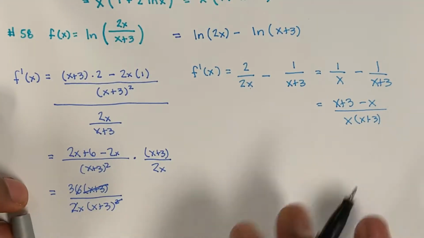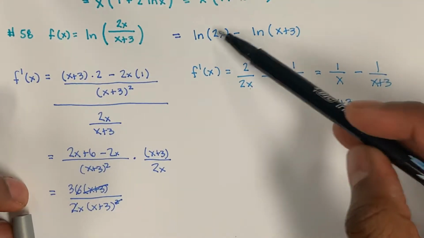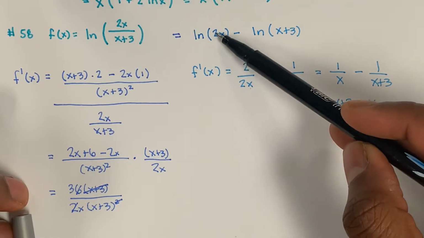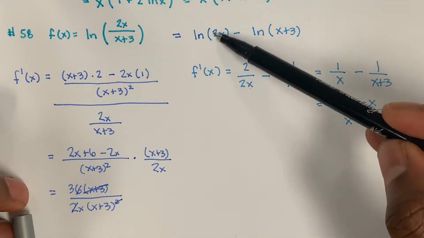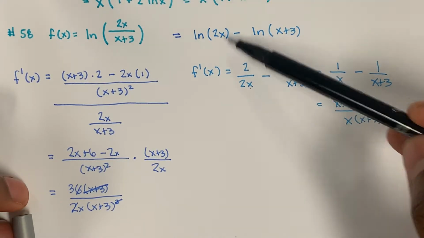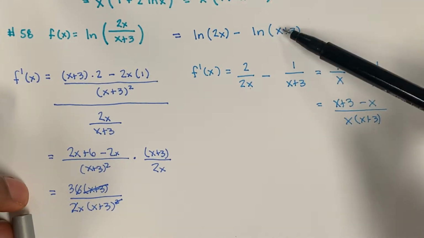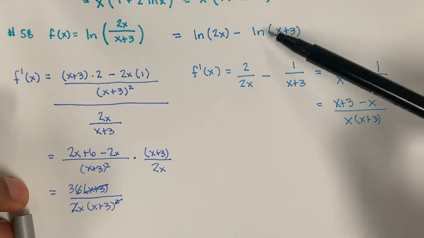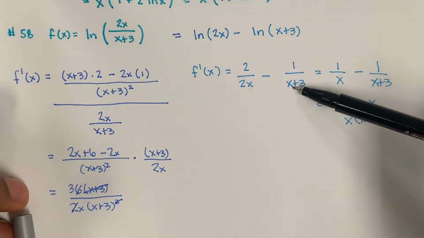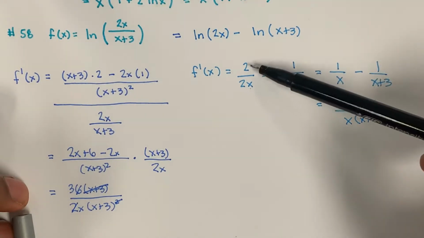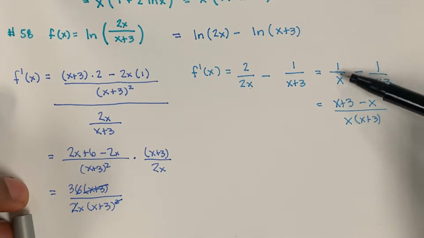Ooh, wrote all of that out of the frame. Excuse me, kids. So if we rewrote this as ln of 2x minus the ln of x plus 3, the derivative would be the derivative of 2x, which is 2 divided by 2x, minus the derivative of x plus 3, which is 1, divided by x plus 3, which the 2 over 2x cancels to be 1 over x.